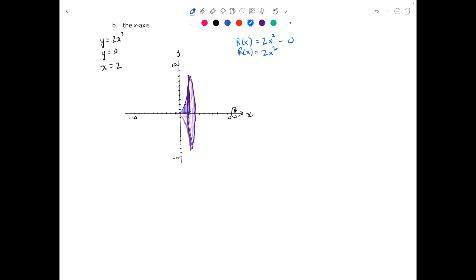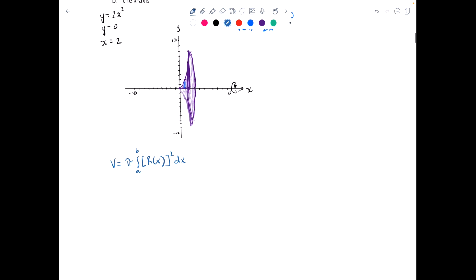Awesome. So our volume will then just be pi integral. We're doing dx, so a to b, capital R at x squared dx. And so the volume will be pi times the integral. X goes from 0 to 2.